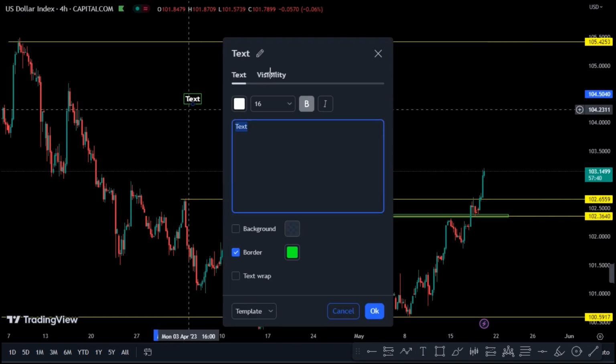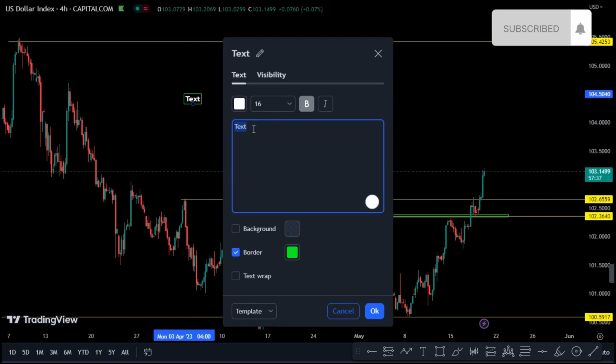I'm just going to make a little demonstration here as to how exactly DXY works. Okay, so this is our DXY.